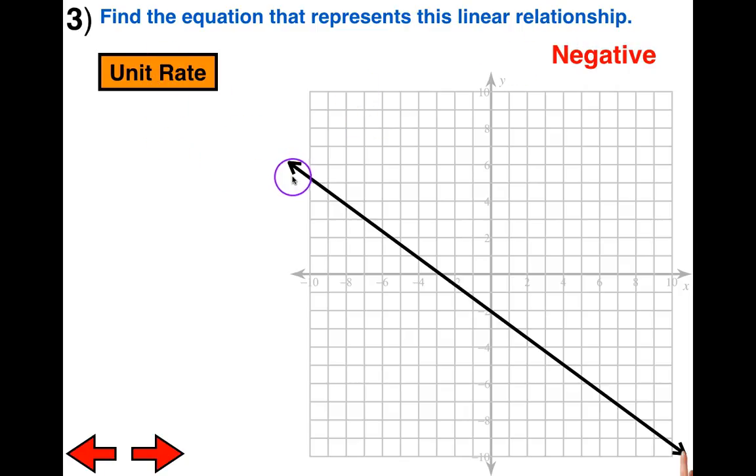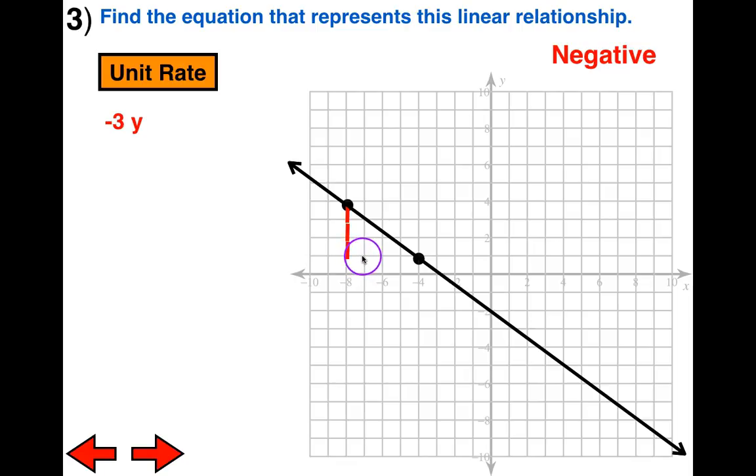So here, let's pick 2 points. So I'm going to go ahead and pick this point and this point here. Now let's start counting. In terms of y, it's going down 1, 2, 3. So I'm going to go ahead and put -3y. And so far that's good because I do expect my unit rate to be negative.